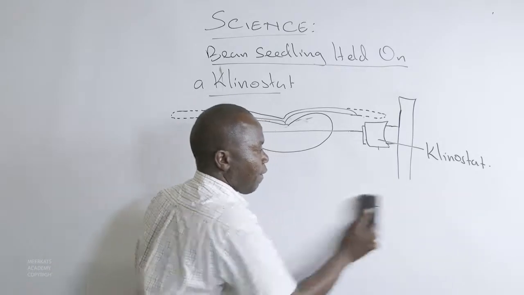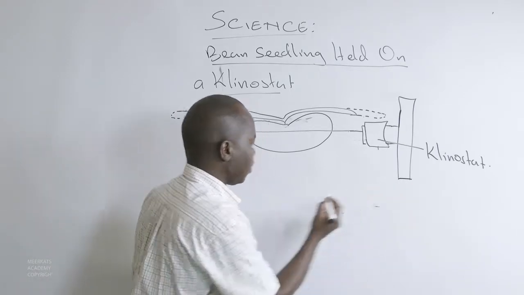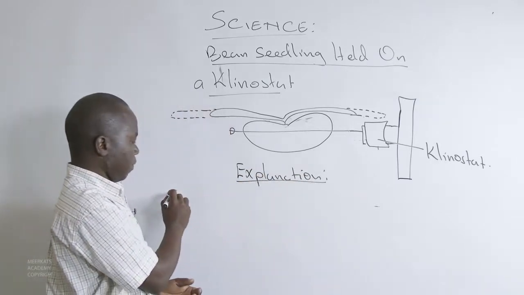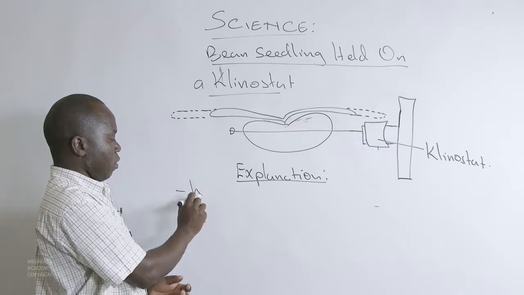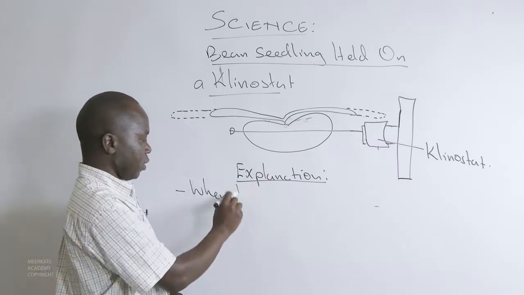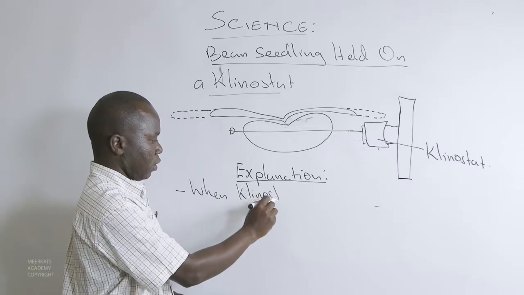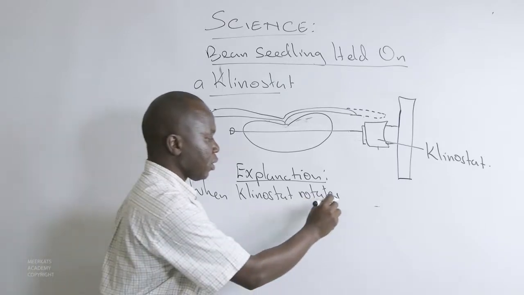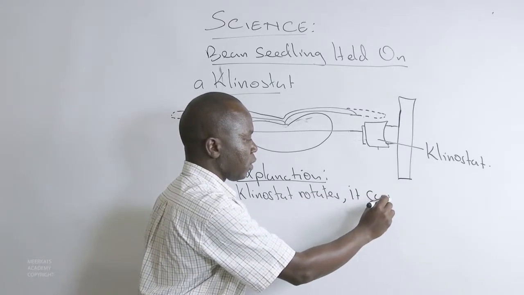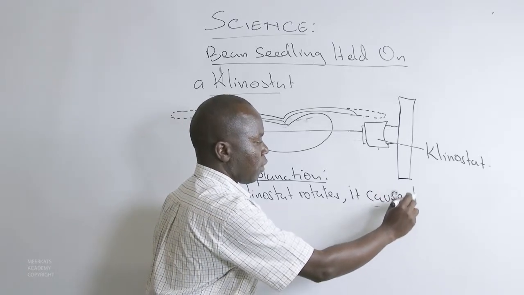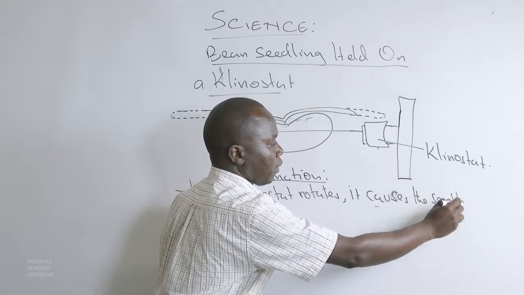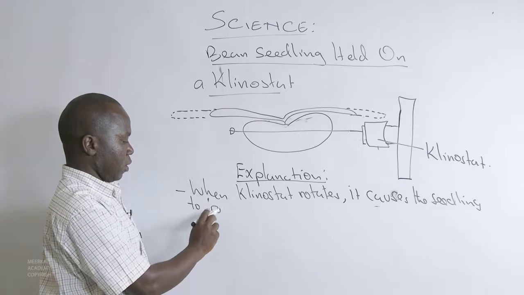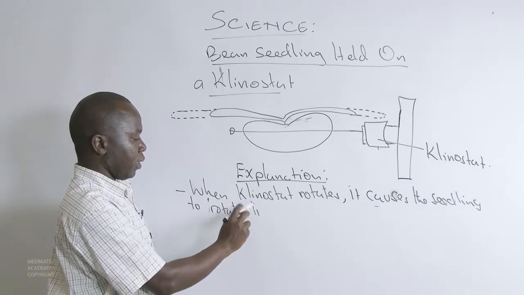Explanation to that, we can take a note together. Explanation. We have said when the clinostat rotates, it causes the seedling to rotate likewise.